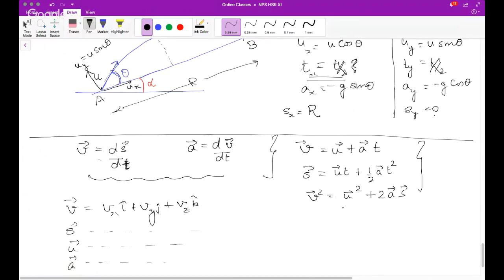For each vector equation, there will be three component equations, so in total we'll get 9 component equations, and this basic concept will be used to deal with 3D vectors as well.